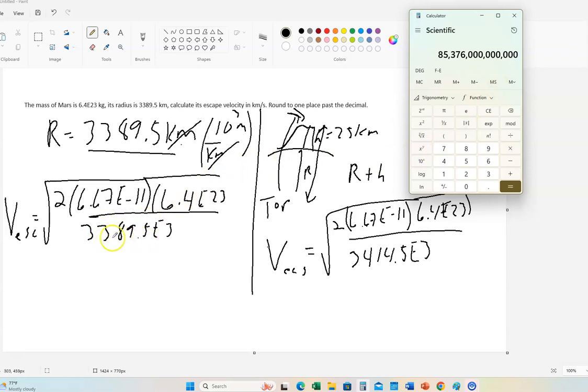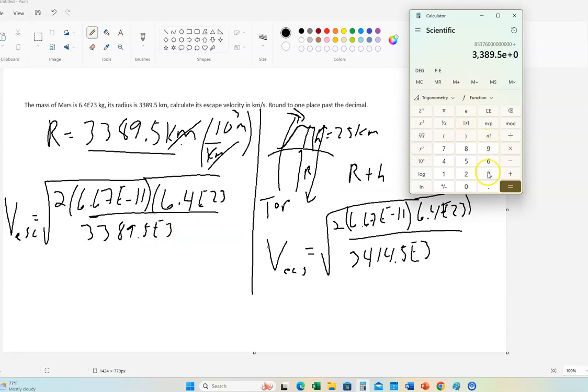And then for this one, I'm going to divide by 3389.5, times 10 to the third.